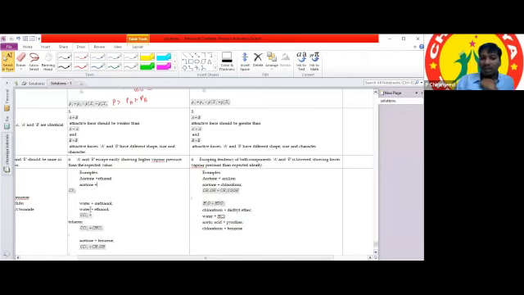Other examples: water and methanol, water and ethanol, carbon tetrachloride and toluene, carbon tetrachloride and chloroform, acetone and benzene, carbon tetrachloride and methanol. All these are examples of positive deviation non-ideal solutions. Got it?